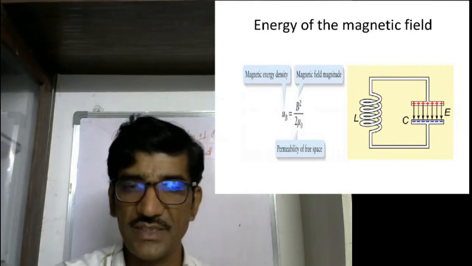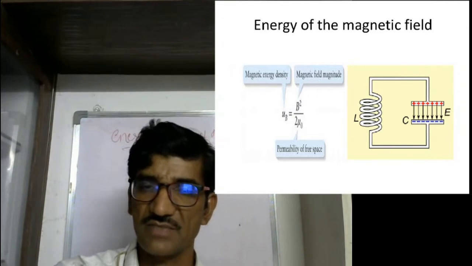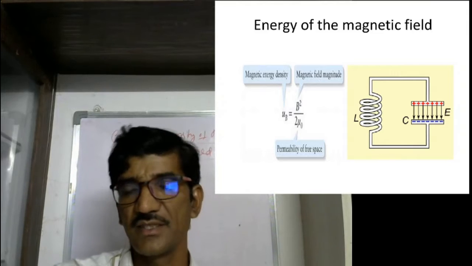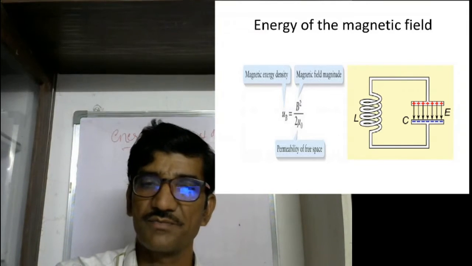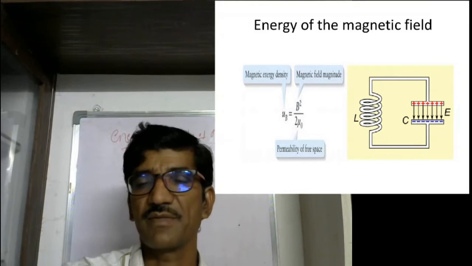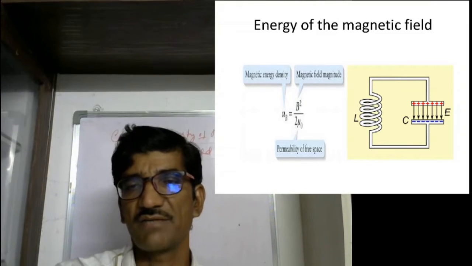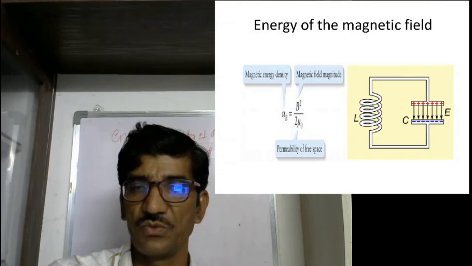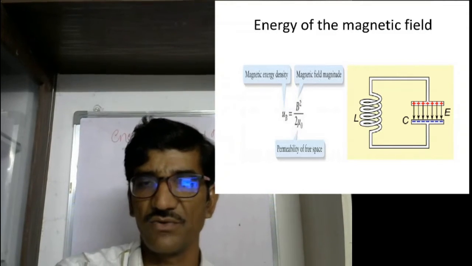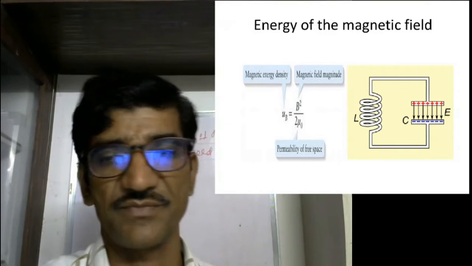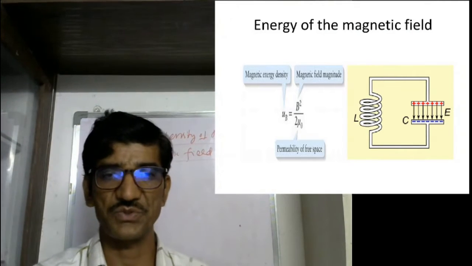Suppose that you are taking a fully charged capacitor. When you connect that capacitor to the two ends of the inductor, then what happens? The charge inside of the capacitor will flow through the inductor. That means current flows through the inductor.